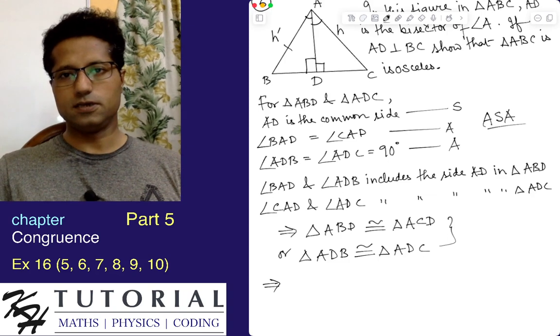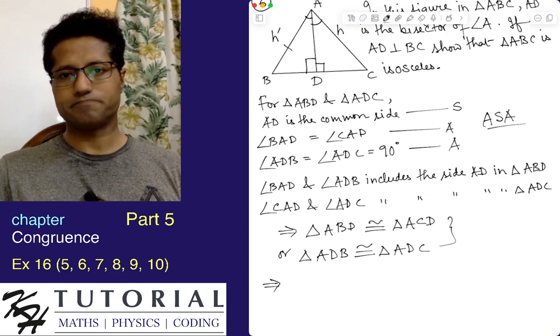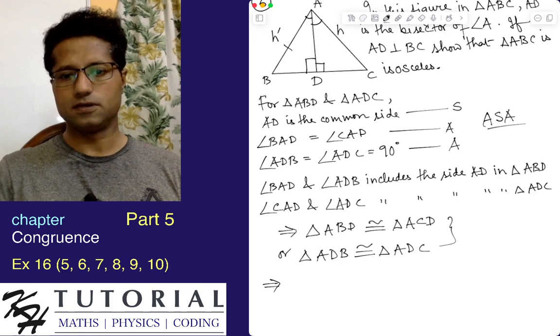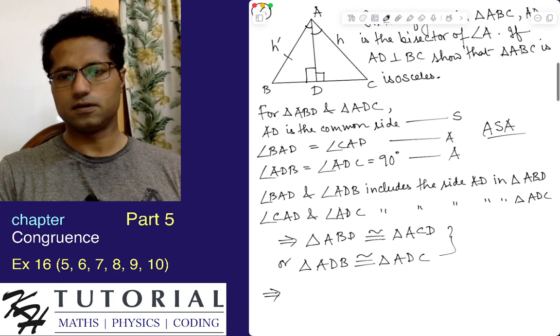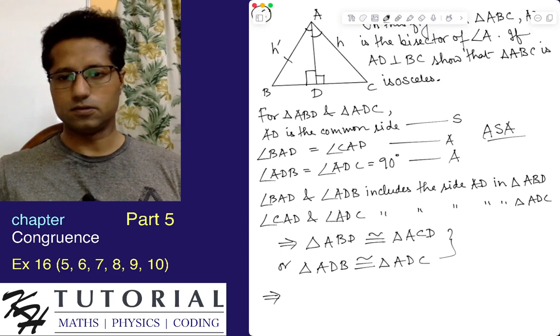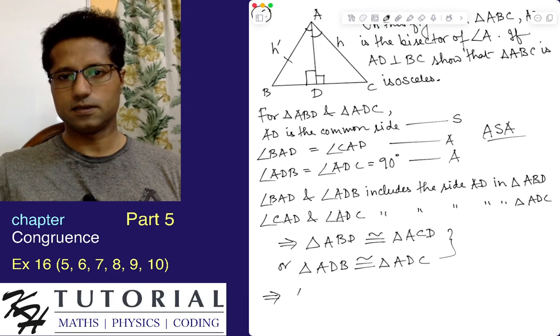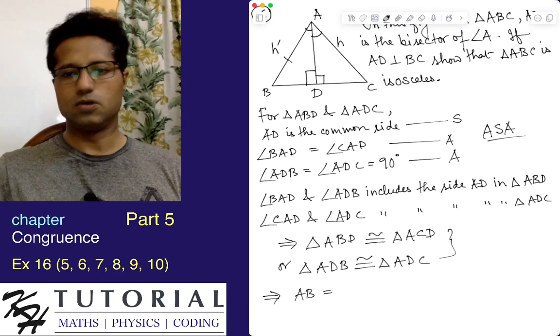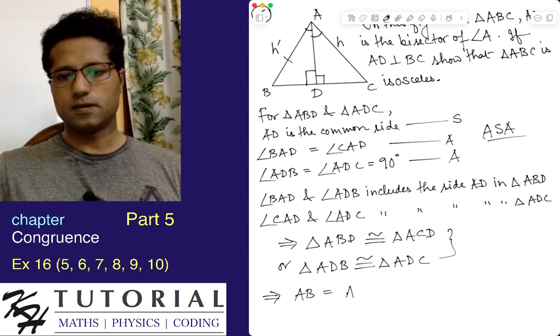Now AB and AC are the two sides of triangle ABC, and we can say that AB is equal to AC.